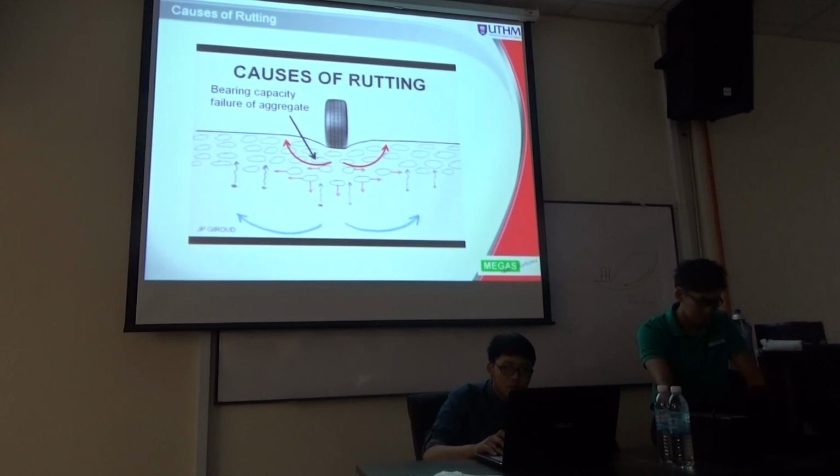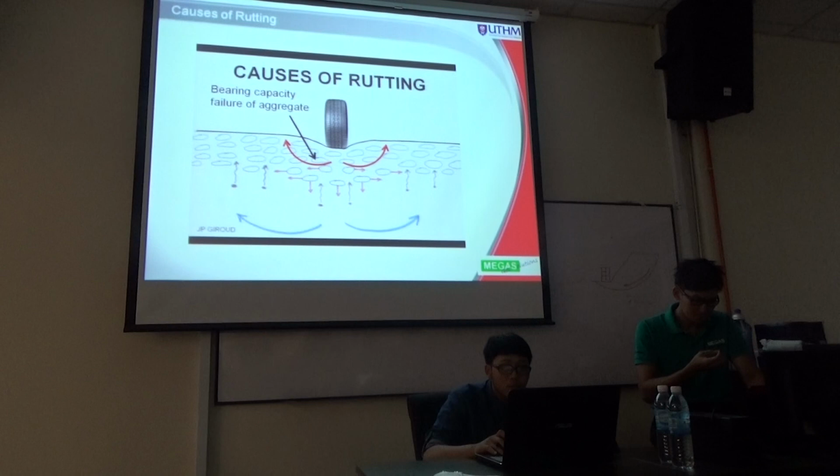Some will squeeze and move left and right laterally, and maybe at the bottom, some will sink into the existing subgrade. Then some of the subgrade material will go into it. This one we call inter-penetration. So the whole process causes the rutting created by the wheel load.